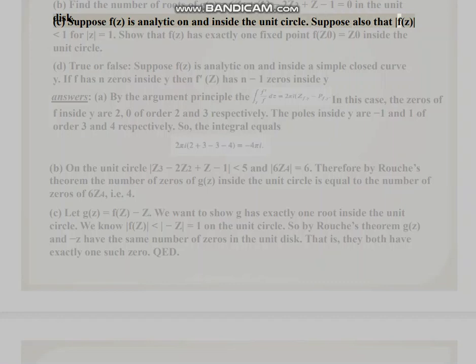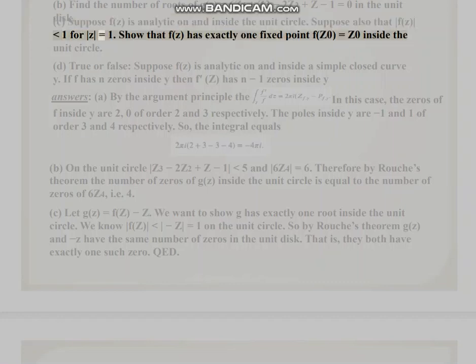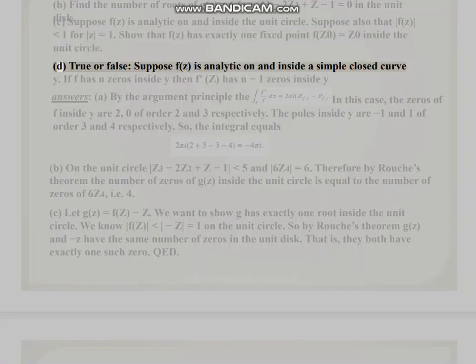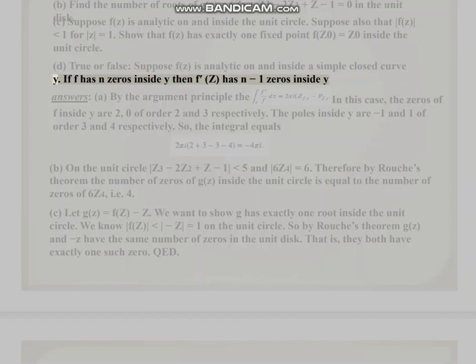Suppose also that |f(z)| < 1 for |z| = 1. Show that f(z) has exactly one fixed point f(z0) = z0 inside the unit circle. D. True or false: suppose f(z) is analytic on and inside a simple closed curve γ. If f has n zeros inside γ, then f'(z) has n-1 zeros inside γ.